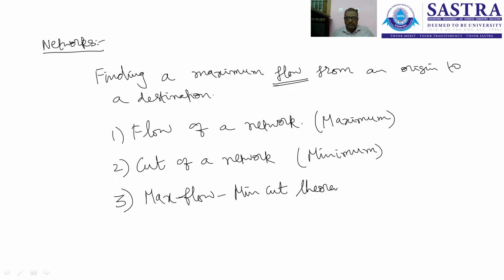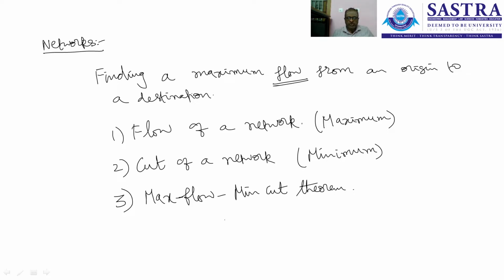And if you prove this, then we can say that maximum flow is equal to min cut. So you have two problems: finding out the maximum flow, and its dual problem will be finding out the minimum cut. Whichever is convenient, you can use it and find the flow of a network.